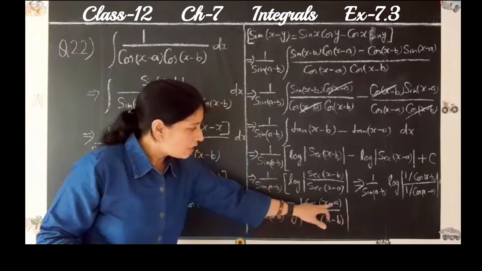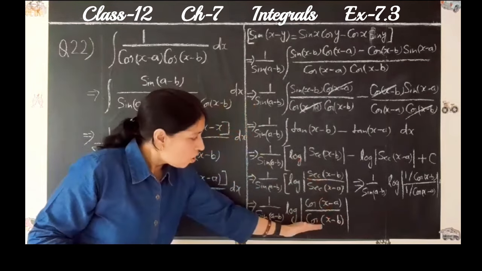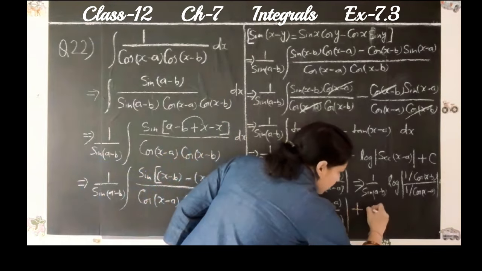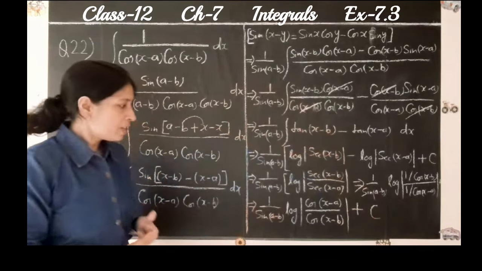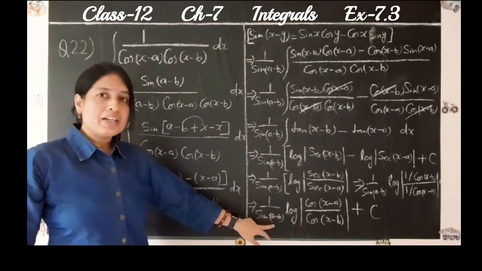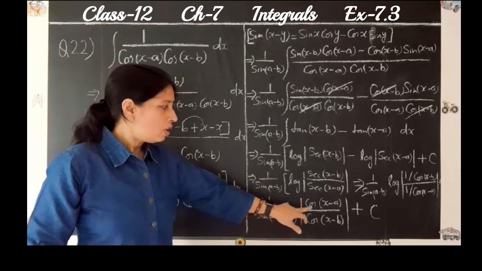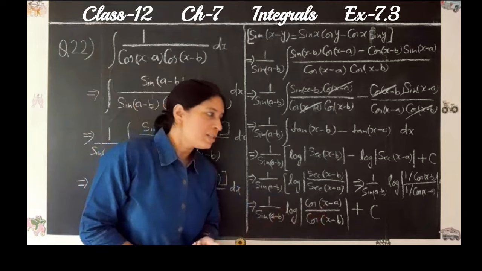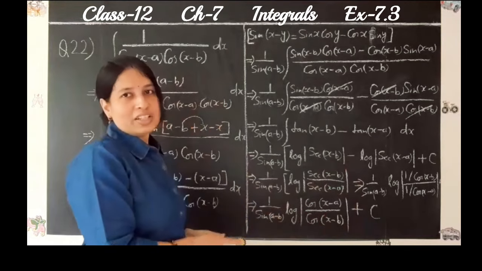So it will be cos(x minus a) ऊपर जाएगा और cos(x minus b) नीचे आएगा. Then right here this arbitrary constant c. So finally we get our answer: 1 by sin(a minus b) log mod cos(x minus a) divided by cos(x minus b) plus c. So this is your answer.